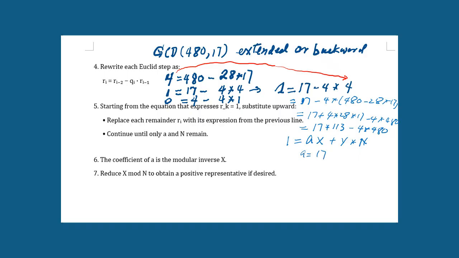Okay, X, we actually find the inverse, X here is 113. Okay, and Y is negative 4. And our N, this given, is 480. So of course, this is the same problem. We find, so this answer of the inverse is this.